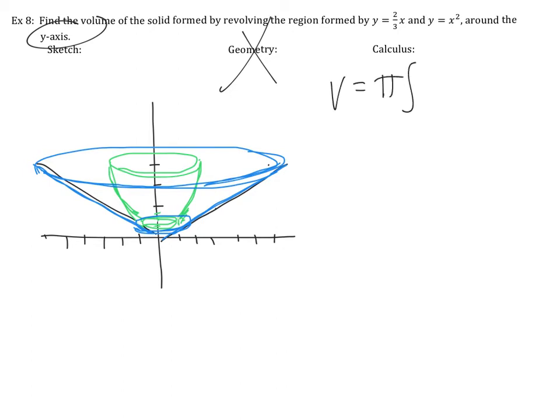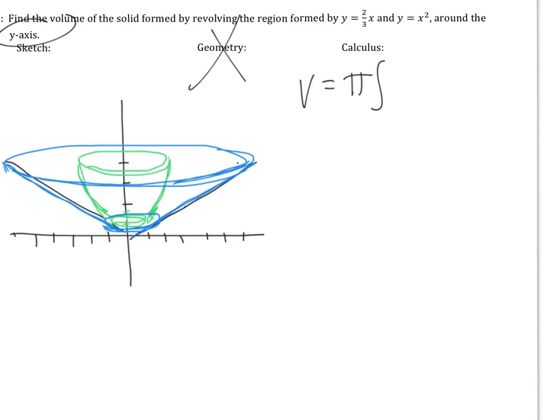So obviously I am going to have to do radius minus radius, thinking back to what we had just done. We're going to have a big R, and then we're going to have a little r. Except this time, instead of being in terms of x, I should be thinking in terms of y.